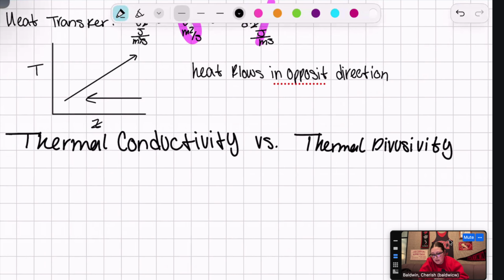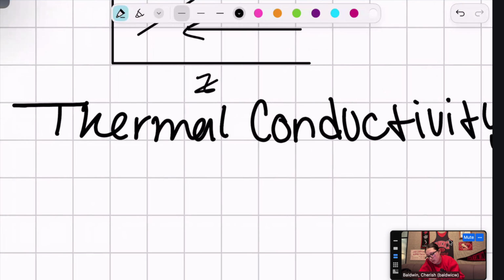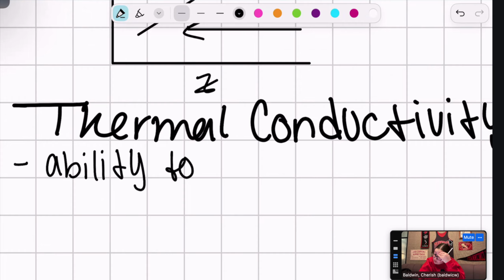So now, the difference between thermal conductivity and thermal diffusivity. First being, thermal conductivity is the ability to conduct heat.